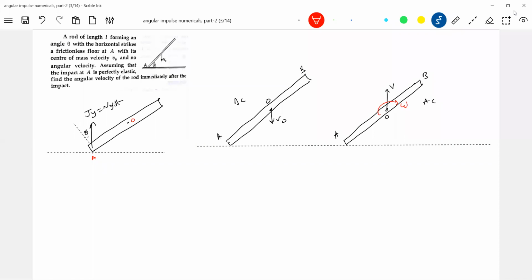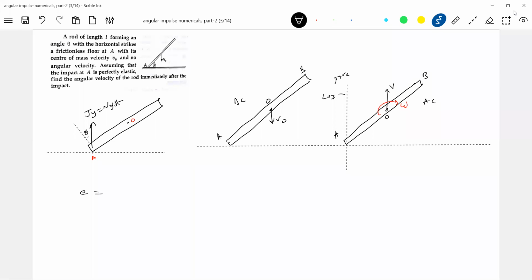Okay, we'll do one thing. We'll take the line of impact. So there is a line of impact. Collision is, yeah, we'll take it. So this will become the line of impact. Anything directed upward we'll take as positive. So from the line of impact we know one formula: e is equal to velocity of rebound.